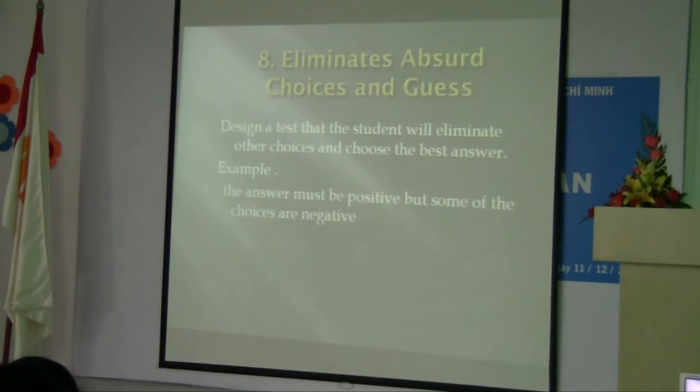So there's no need to solve it, they just have to guess that the answer is positive, since there is only one positive answer in the choices. Or, for example, the choices are one even and the rest odd, or numbers less than 100 and over 100. So number 8 is there.